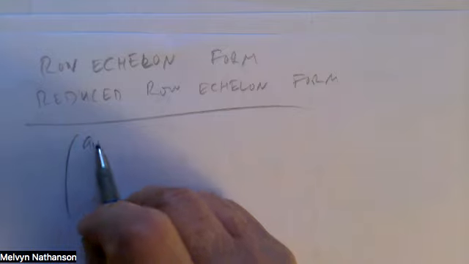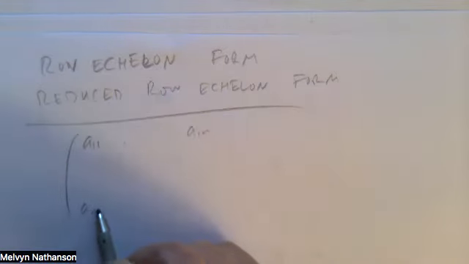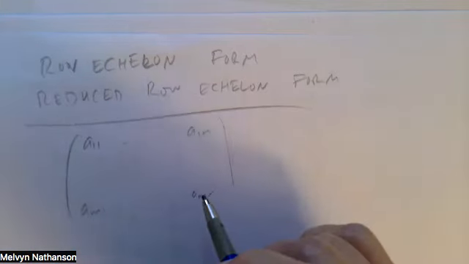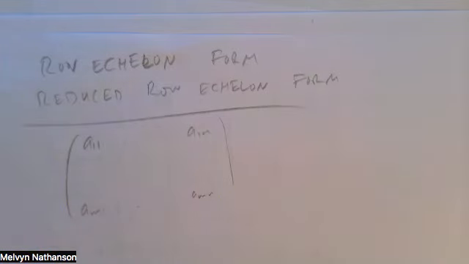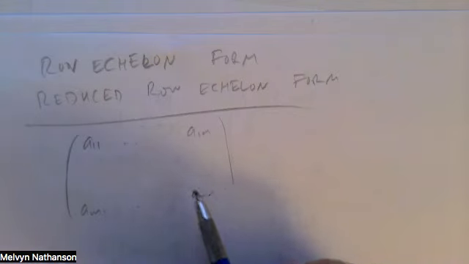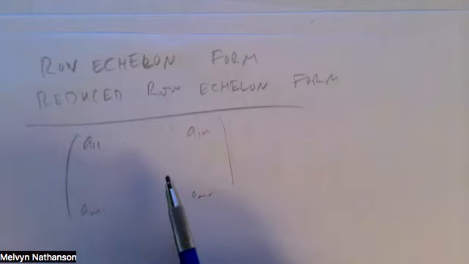So suppose your matrix A11 up to A1n, AM1 down to AMN. This matrix will be in row echelon form if it has the following properties. First, you can have a matrix where some rows are zeros.